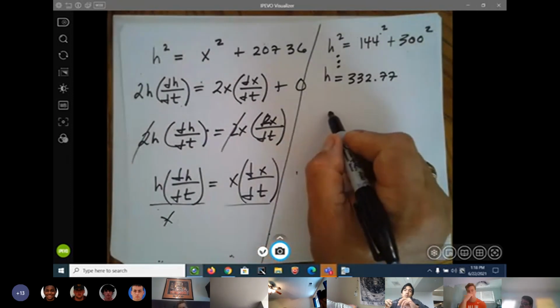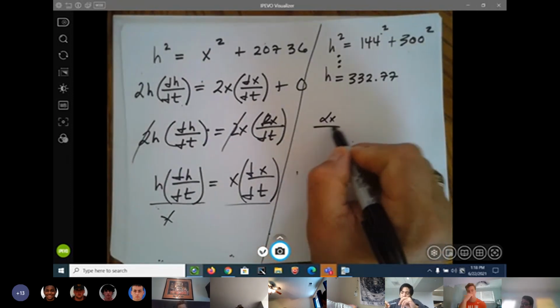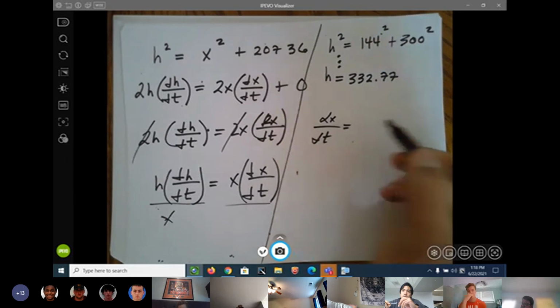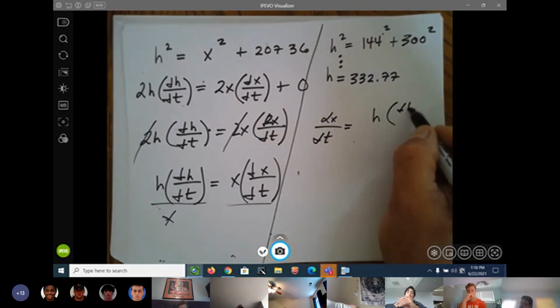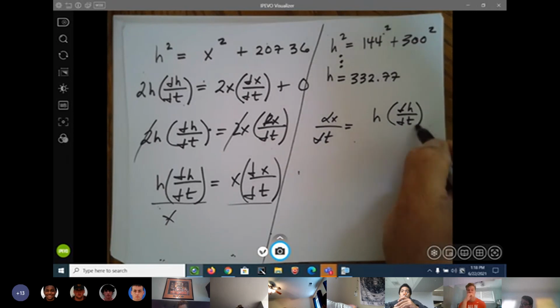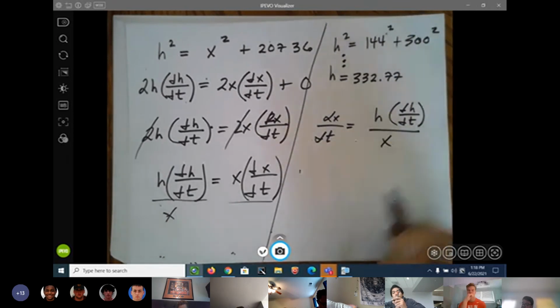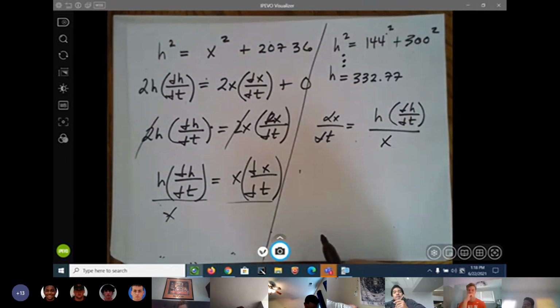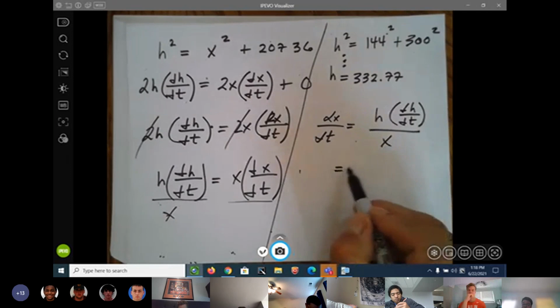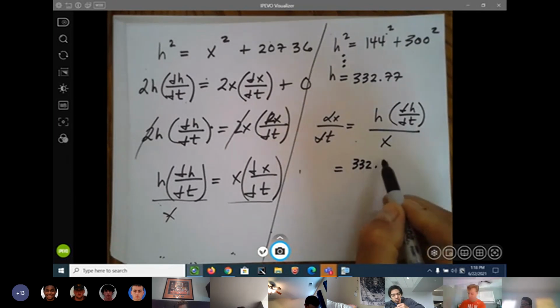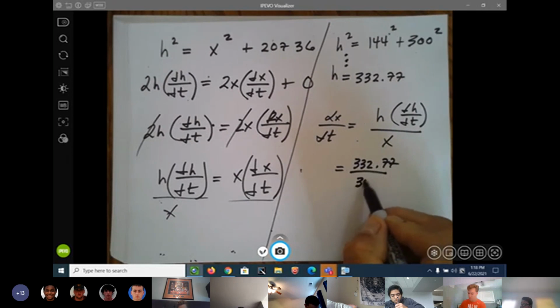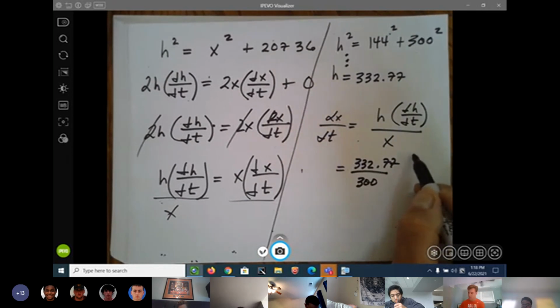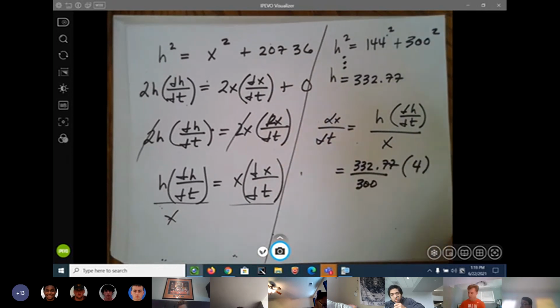So dx/dt is equal to h dh/dt over x, and that's going to be 332.77 divided by 300 multiplied by 4, because 4 inches per second.